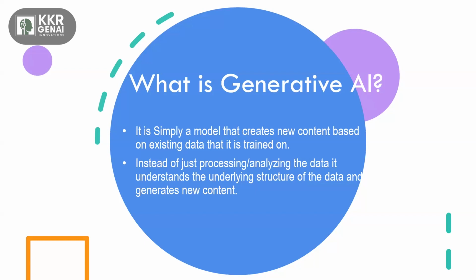But now what generative AI does is it understands the underlying structure of the data. It starts understanding contextually, right? It tries to understand the whole sentence and answer it, and it generates new content from the data it has been trained on.